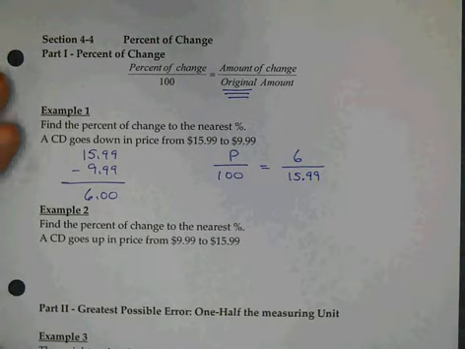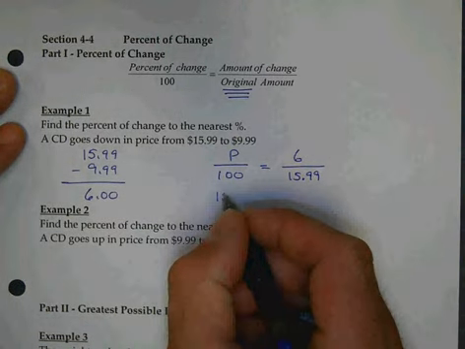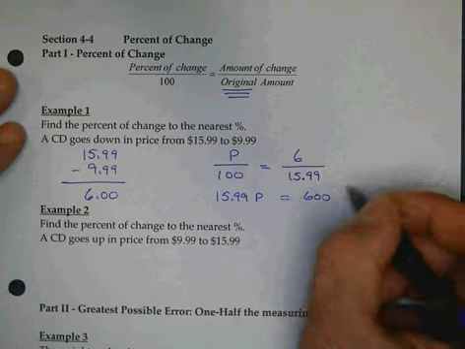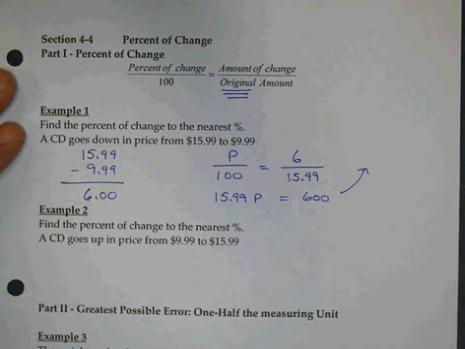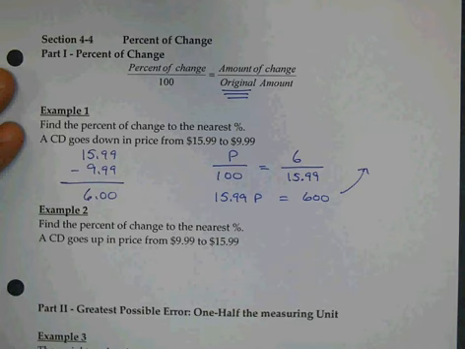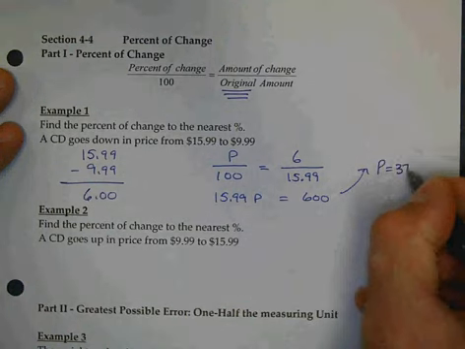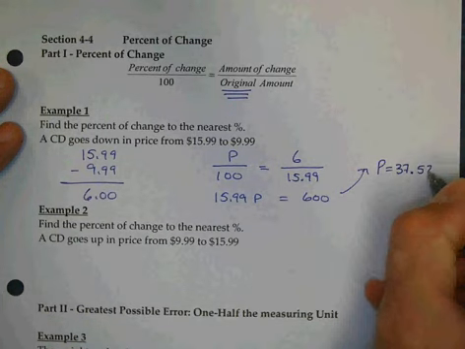Do a quick cross multiply. 1599p equals 600. Divide both sides by 1599 on your calculators. And I get P equals 37.523.